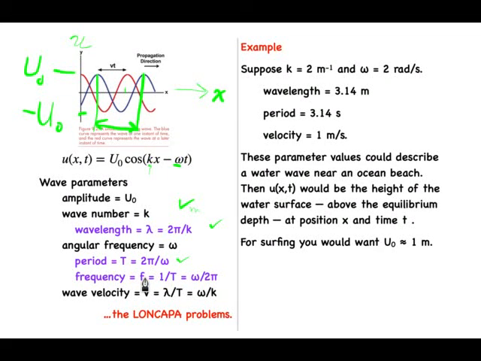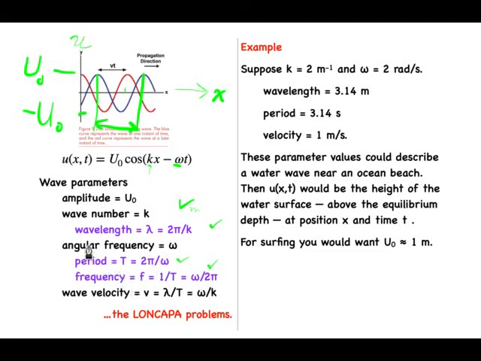Now I can also write that in terms of omega. 1 over T is omega over 2 pi. So the frequency is omega over 2 pi, or another way to say it is omega, the angular frequency, is 2 pi times the frequency. So frequency is 1 over time. 2 pi radians per second gives me the angular frequency, radians per second.